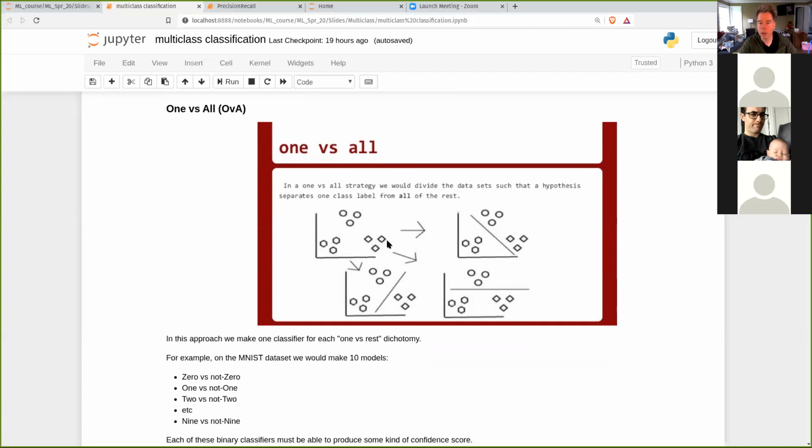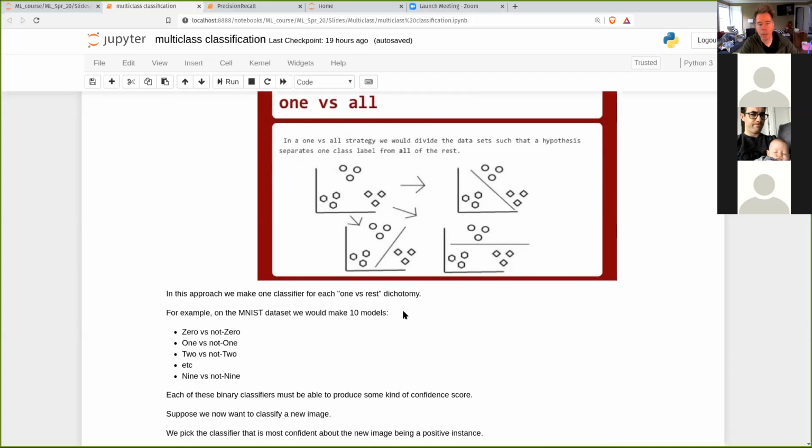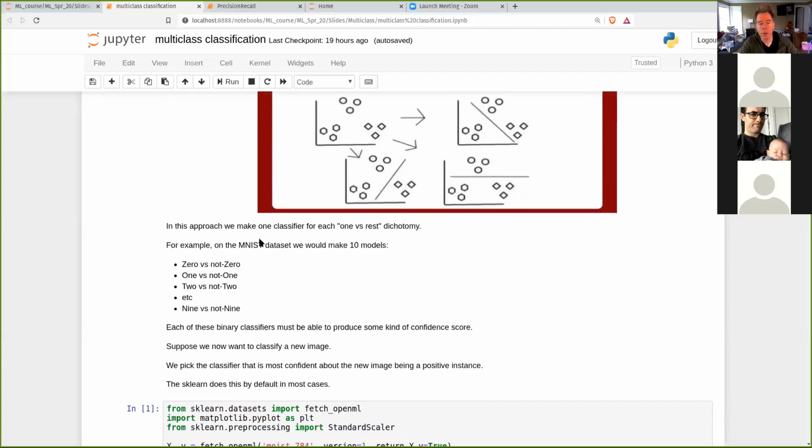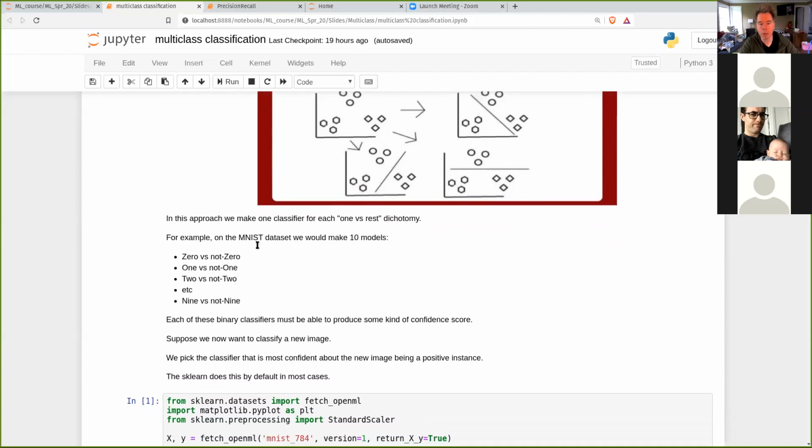In one versus all, you make one classifier to do hex versus rest, one classifier to do diamonds versus rest, and one classifier to do circles versus rest. If we were to do this strategy with the MNIST data set, we would make 10 models.